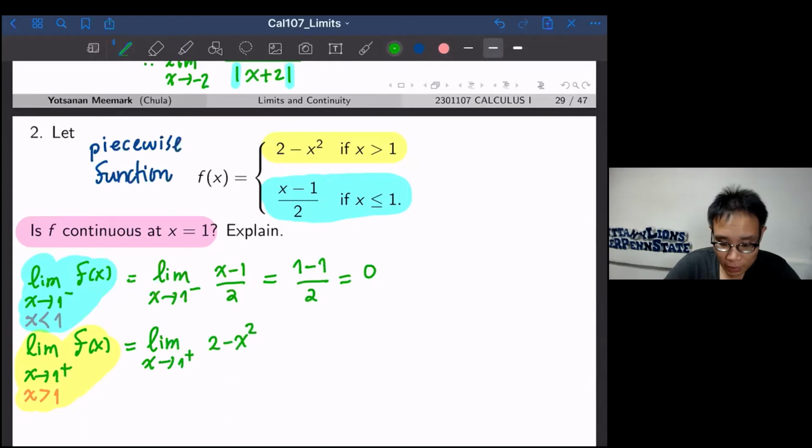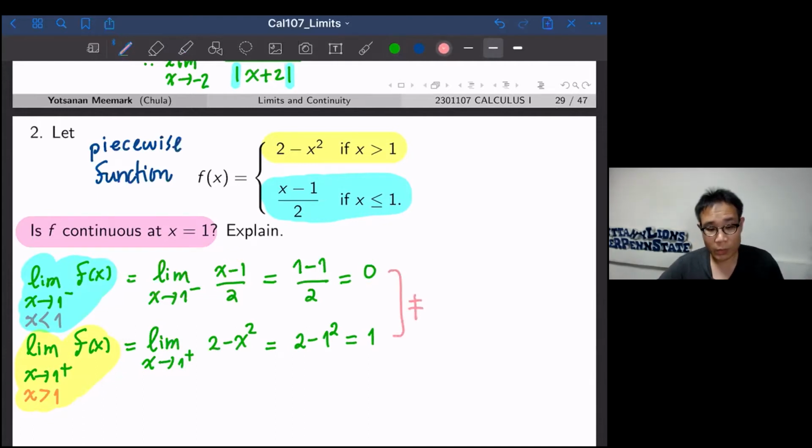You just plug in, so you get 2 minus 1 squared, which is 1. You see that the left limit does not equal the right limit: 0 is not equal to 1.